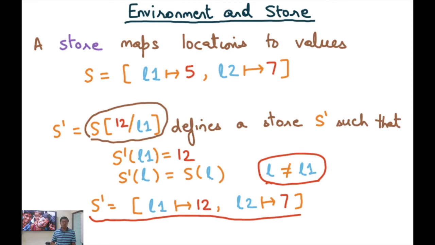We just said that there are some location IDs, and those location IDs map to values. Once again, we are not saying how those values are represented. We're just saying it's an integer called 5, an integer called 7. That's the whole idea of specifying semantics at an abstract level, so that different implementations can implement it in different ways.